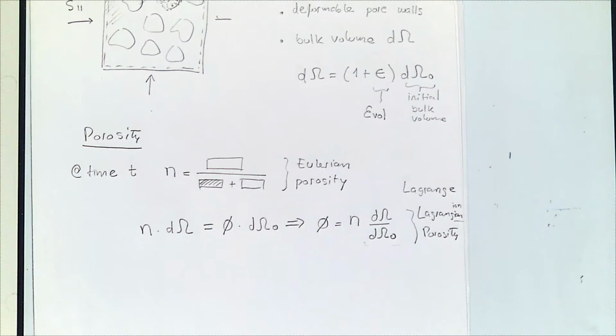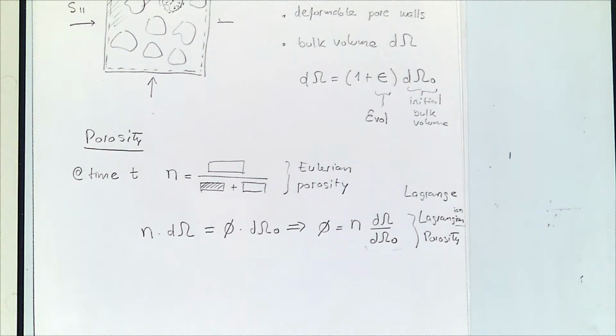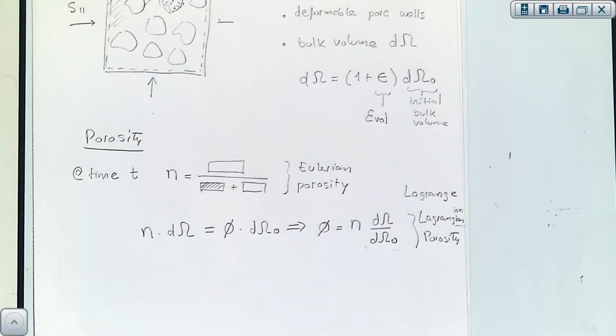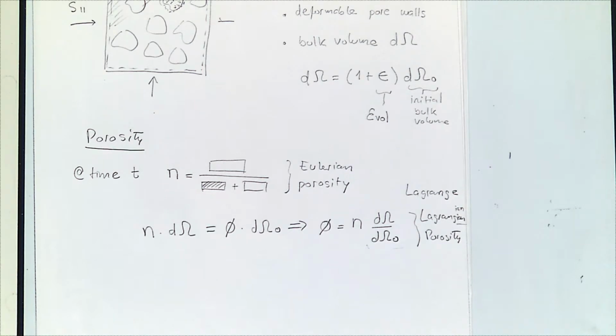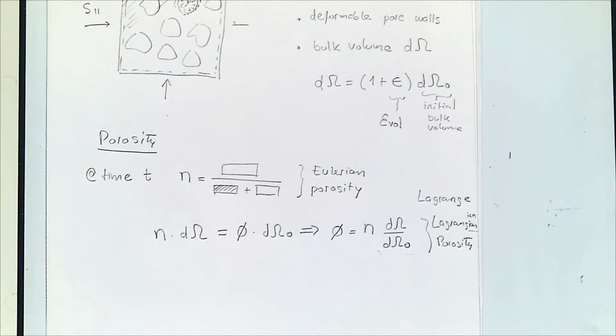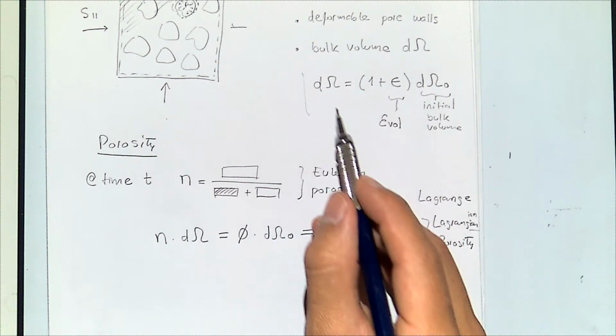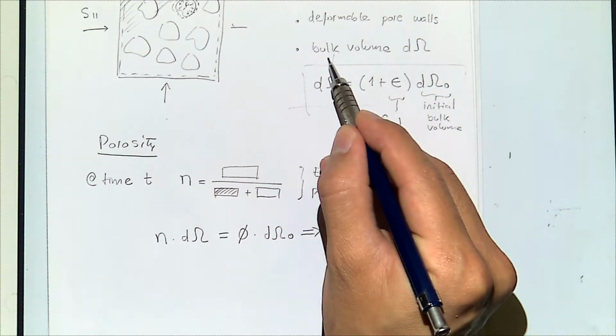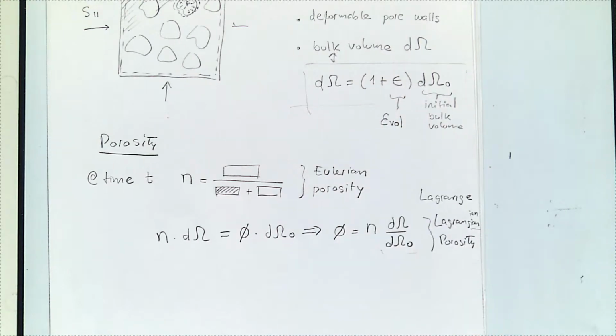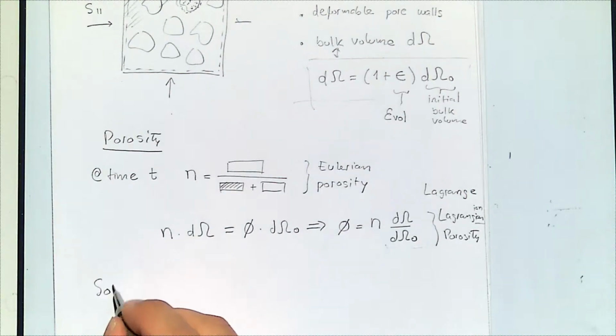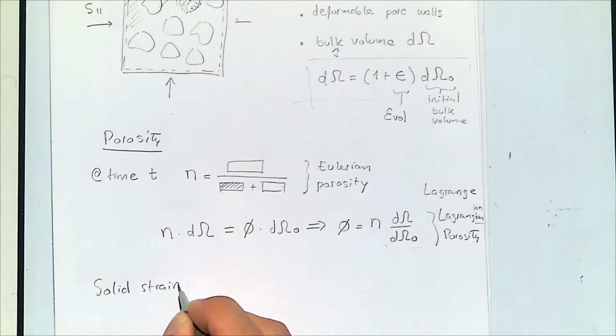All right. So we have bulk volumes. Now we have porosity. There is one more thing that we need in order to be able to derive the equations for the changes of porosity or bulk volume as a function of deformation of the pores and deformation of the solids, and that's going to be the solid strain. So the same way that we have a bulk volume in here, also we're going to have a solid strain.